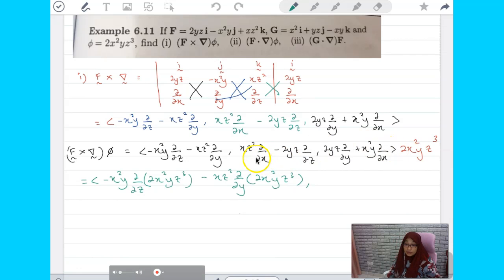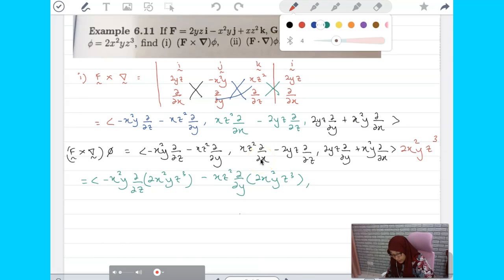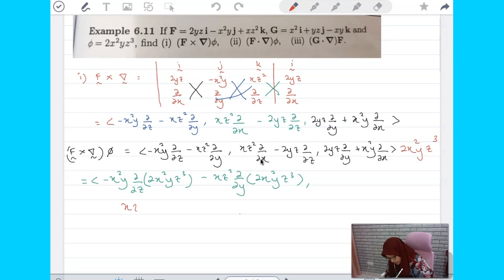And then we go to the y component. So for the y component, we have xz squared del x of phi minus 2yz del z of 2x squared y z cubed.